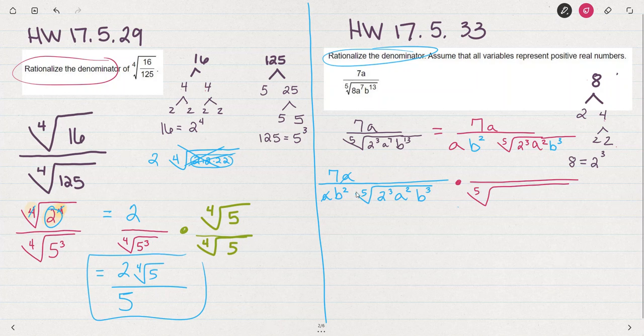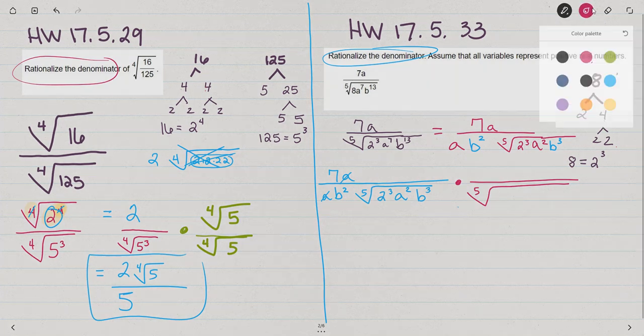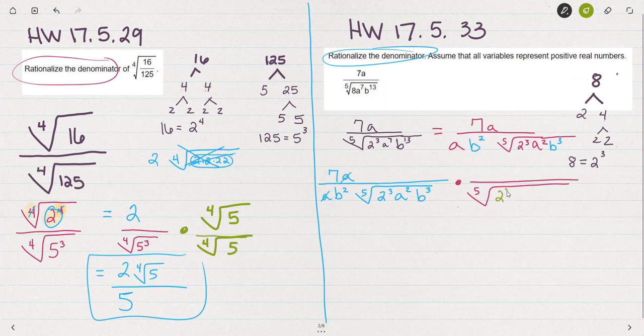I need 5 2's. I only have 3, so what I'm going to insert is 2 more 2's. Why am I inserting 2 more? Because what I want is a group of 5, and 2 cubed times 2 squared gives us a total of 2 to the 5th power.